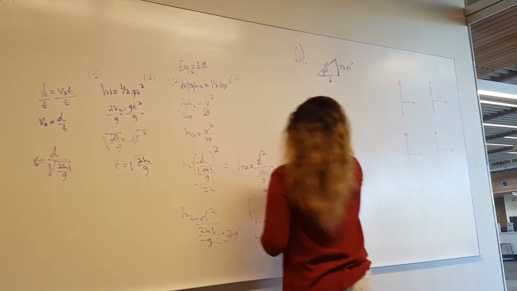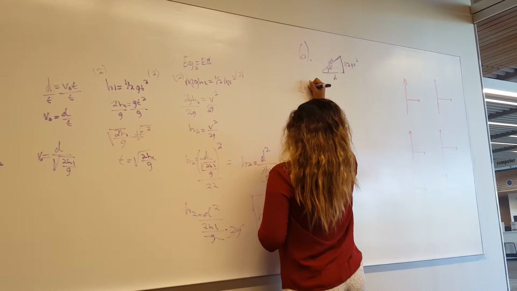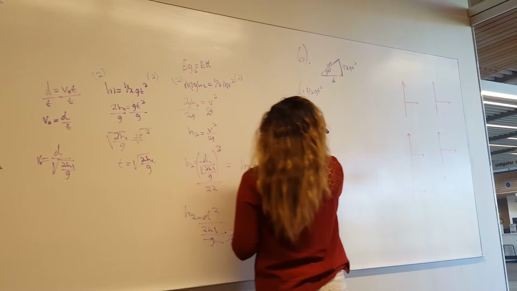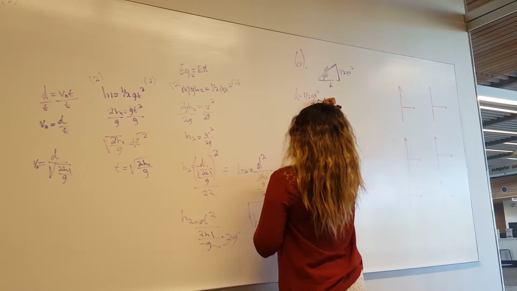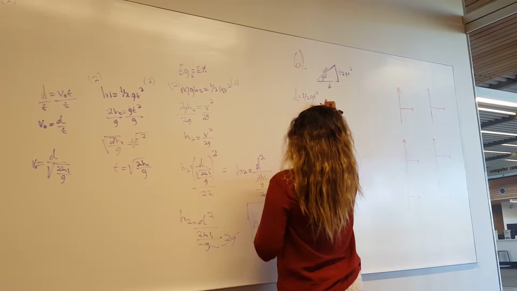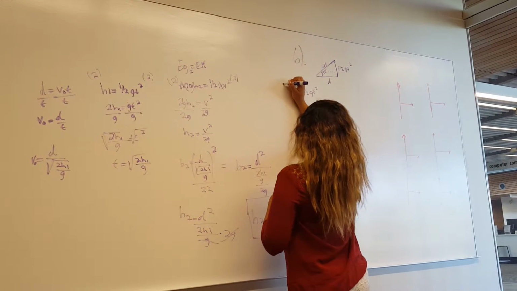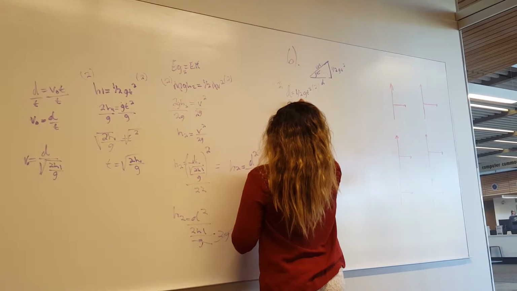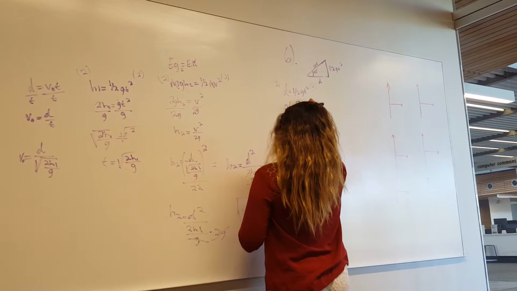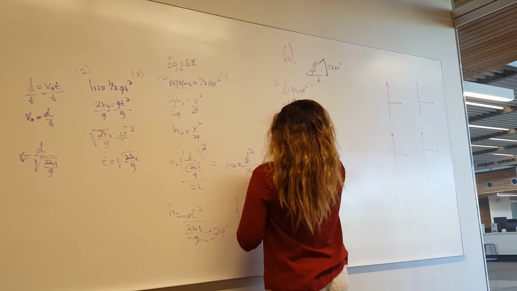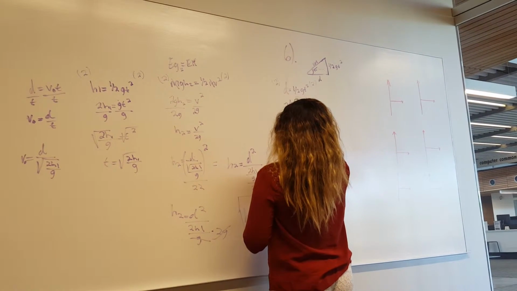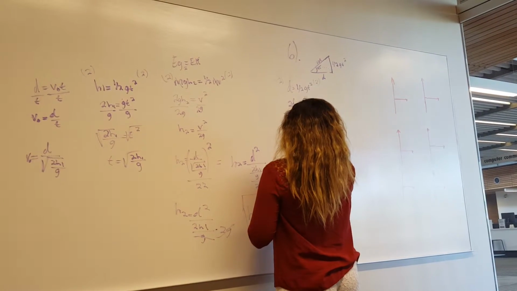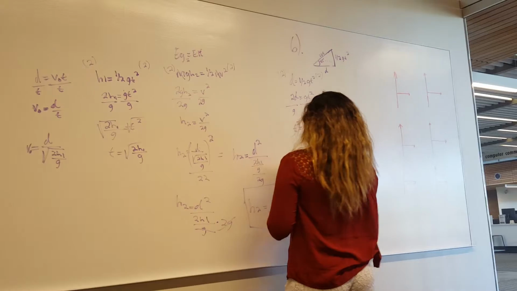So then d is equal to 1/2 gt squared, and you solve for the t. So you are going to multiply both sides by 2, so you get 2d equals gt squared, and then you're going to divide by g, so you get t squared equals 2d over g.